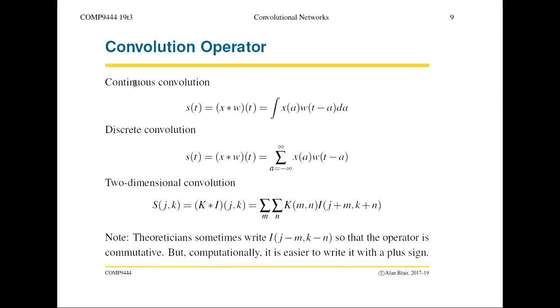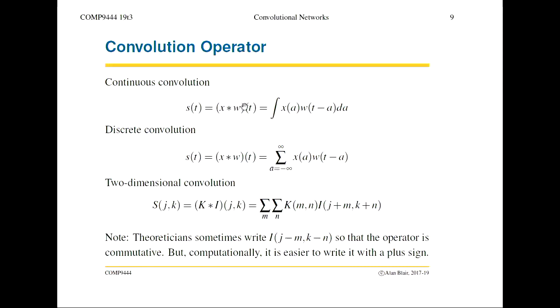So then we convert that into a discrete convolution in 1 dimension, and then we convert it to a discrete convolution in 2 dimensions. The main reason I'm showing you this is because there are 2 different conventions about the sign. You'll notice there's a minus sign here, and there's a plus sign here.